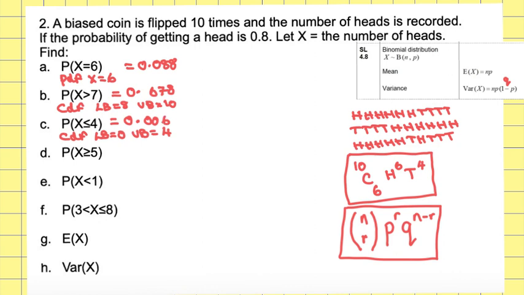Part D, the probability that x is greater than or equal to 5. Well, again, it's CDF, and the lower bound this time is equal to 5 because 5 is included. The upper bound is equal to 10, and if you put that into your calculator, you will get 0.994 to 3 significant figures.